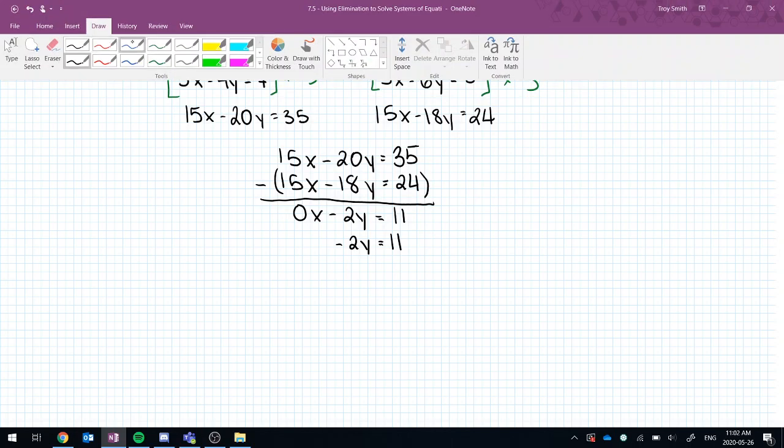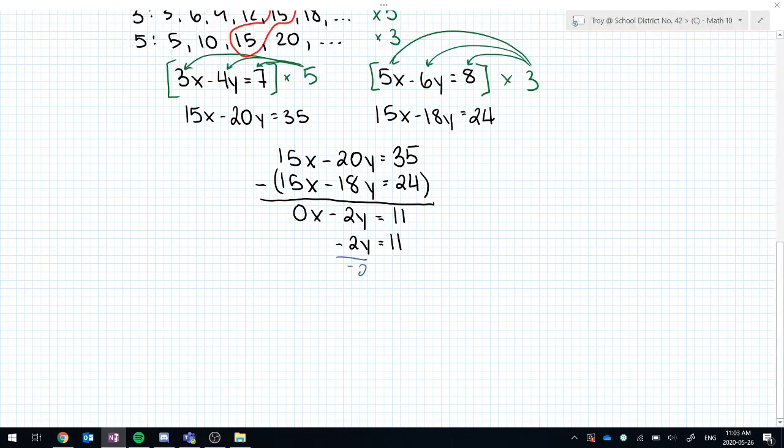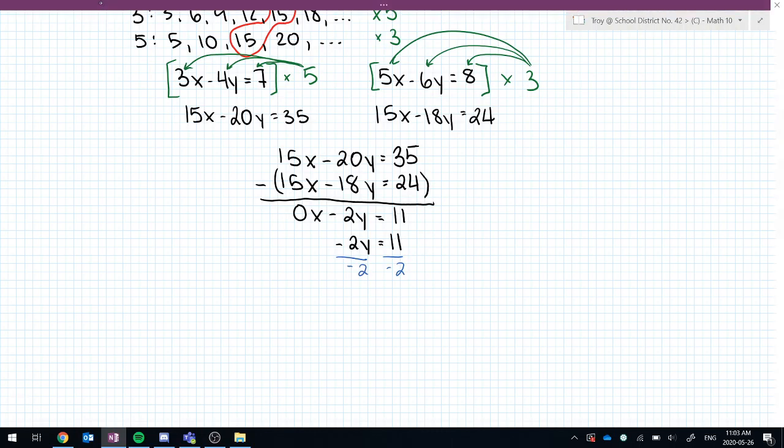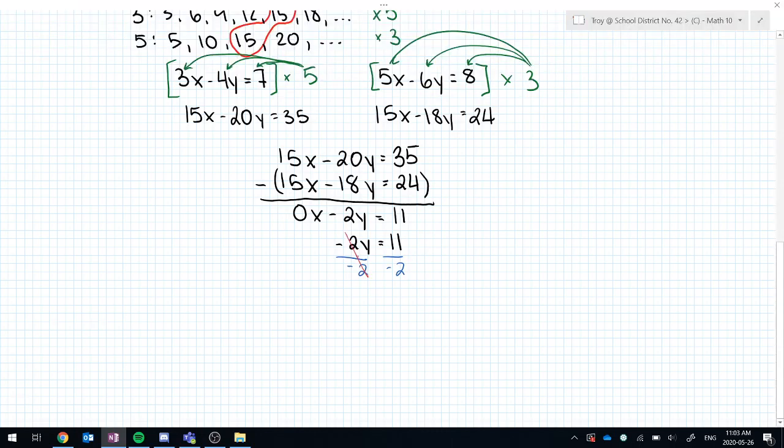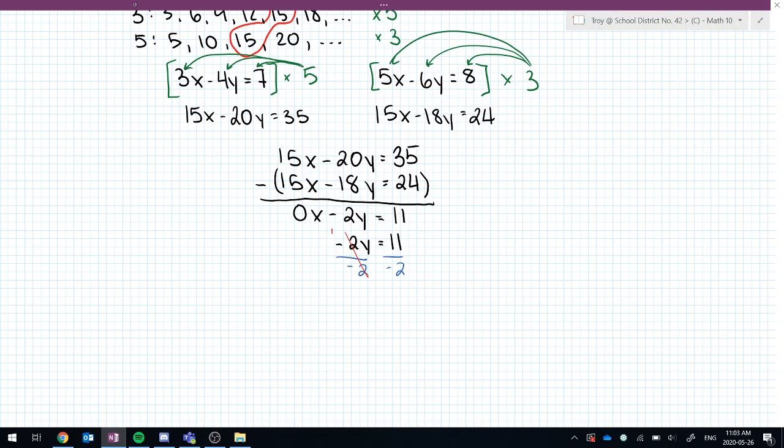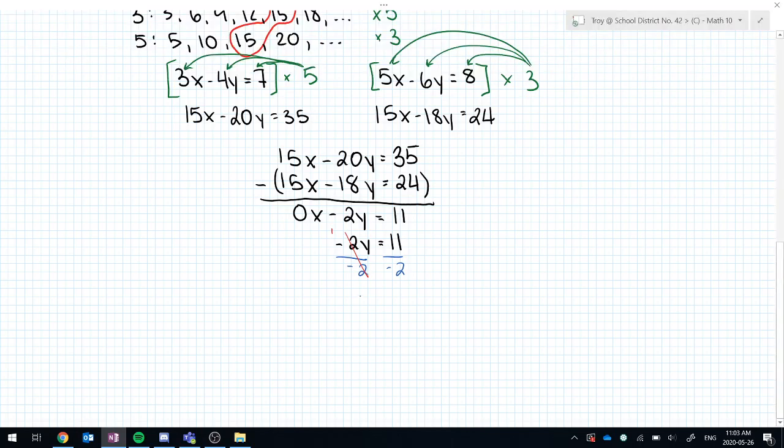So from there, all we have to do is divide both sides by negative 2. When we do that, the 2's cancel. And we're left with y is equal to negative 11 over 2. Right? So that's half the answer. We need to find out what x is going to equal from there.